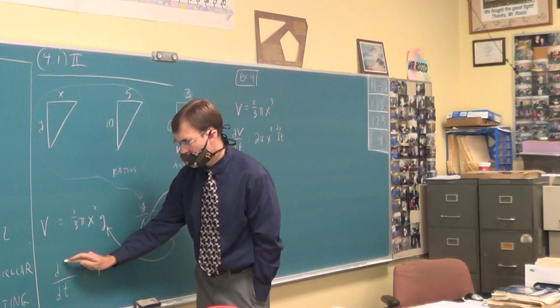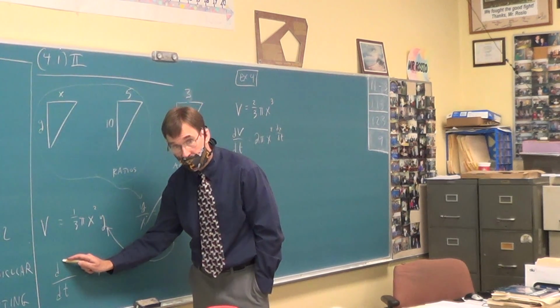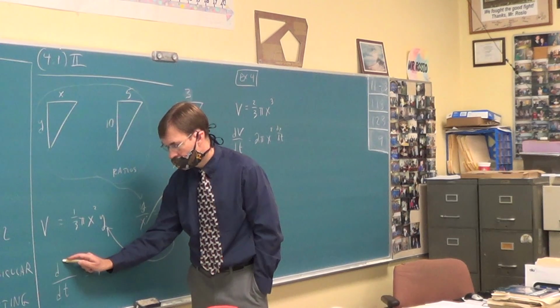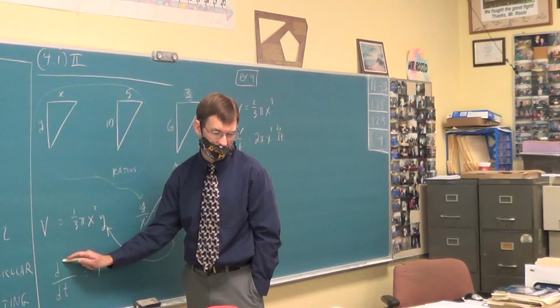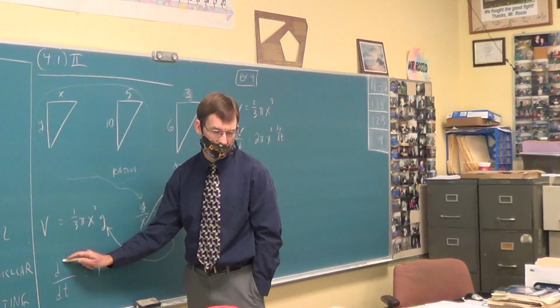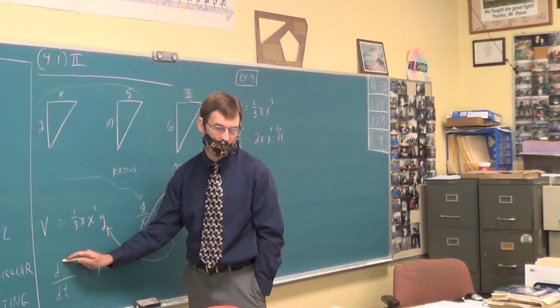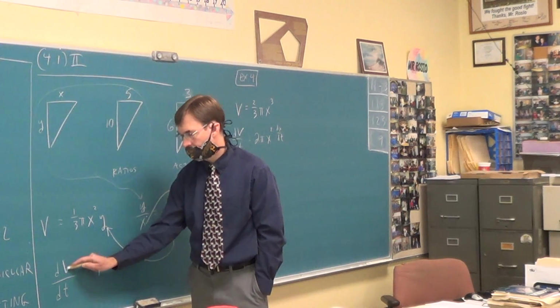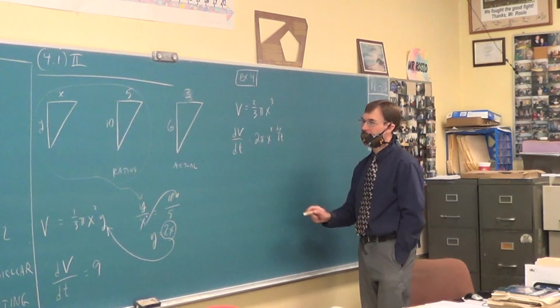What D thing could I label? What was that 9 rate? That's the rate of change of who? Choices would be X, Y, or volume. Volume. So let's plug in.